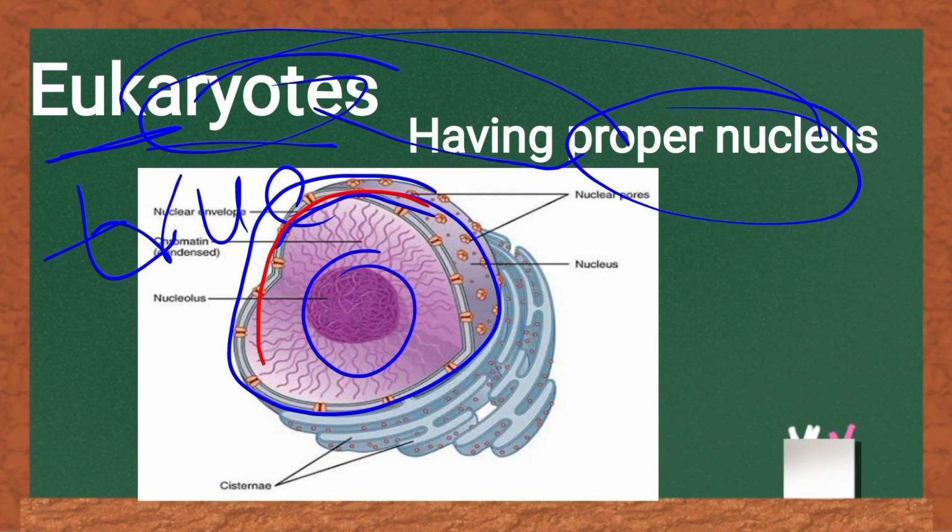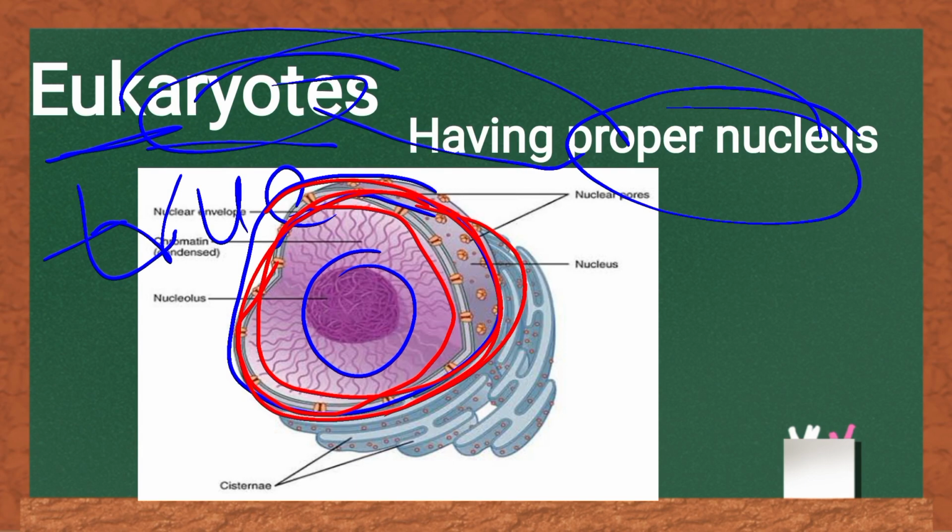We are talking about this whole structure. You can see this is the nuclear membrane, and this whole thing is the nucleus. The nucleus contains genetic material, DNA in most cases. It also contains some RNA and other things, but the definition is mainly restricted to the genetic material, that is DNA, being found in the nucleus.